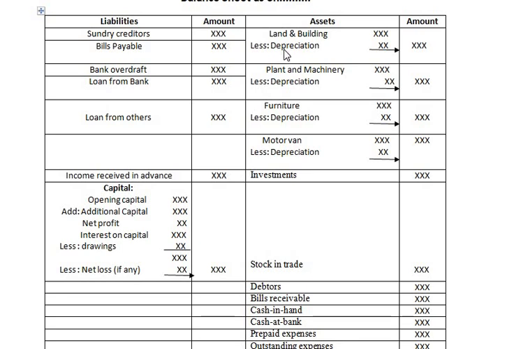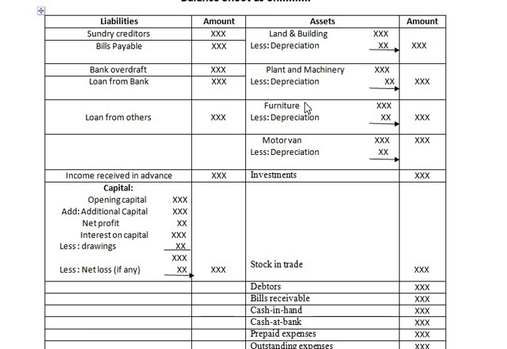Since this is a fixed asset, and depreciation is a non-fund expense, okay, it is to be deducted from the fixed asset. So the depreciation amount is to be deducted from land and building. Next, plant and machinery. Plant and machinery also is a fixed asset.